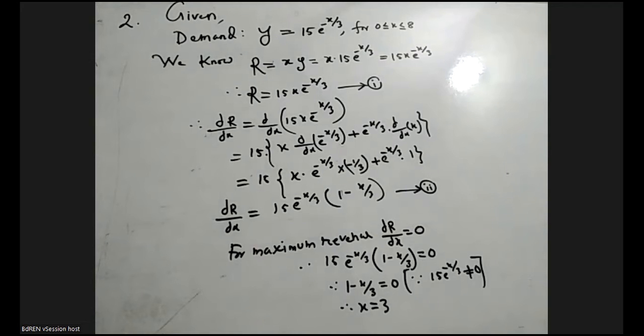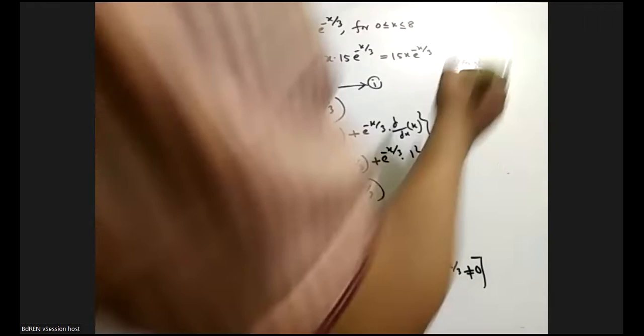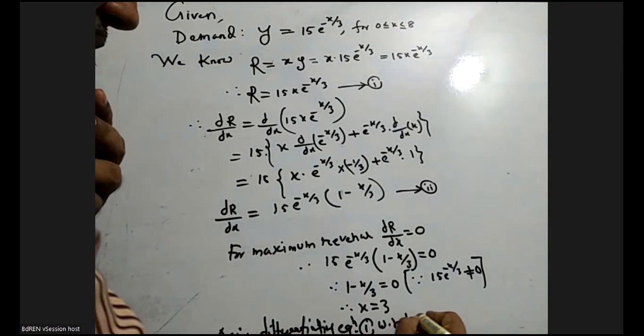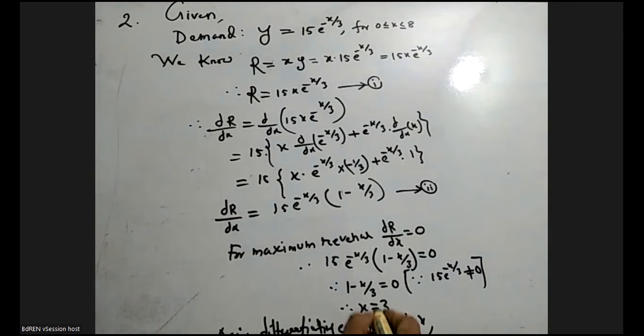So the number of units will be x equals 3. Now we have to check for maximum revenue, so again differentiating equation 2 with respect to x.